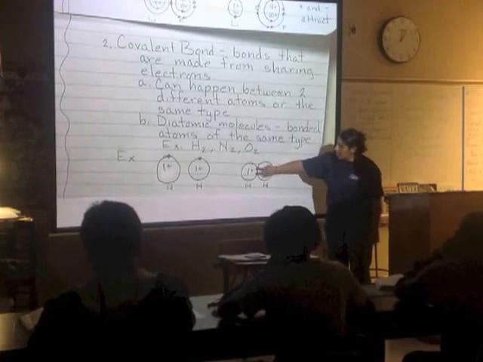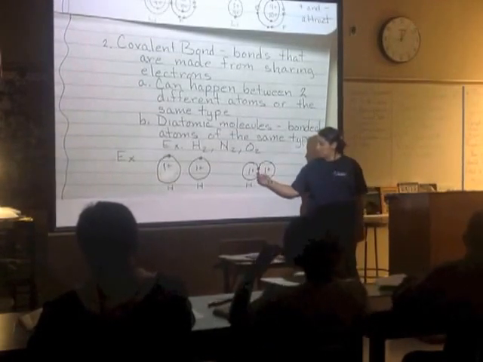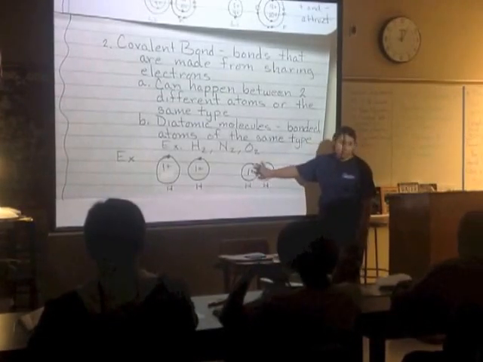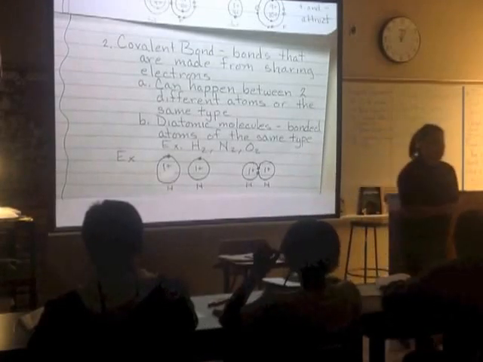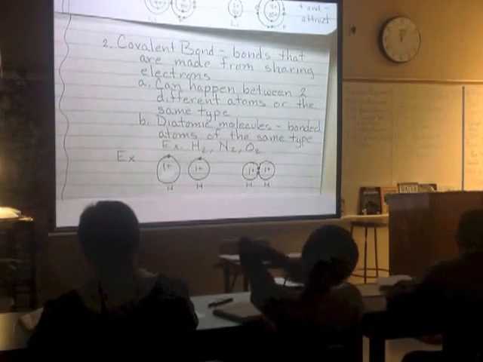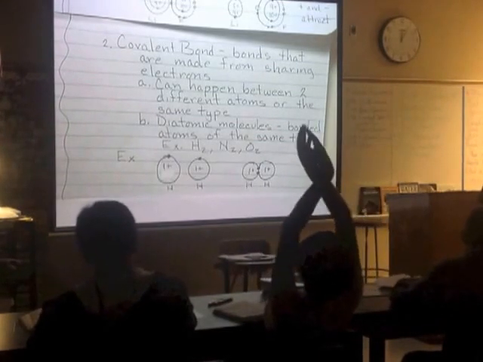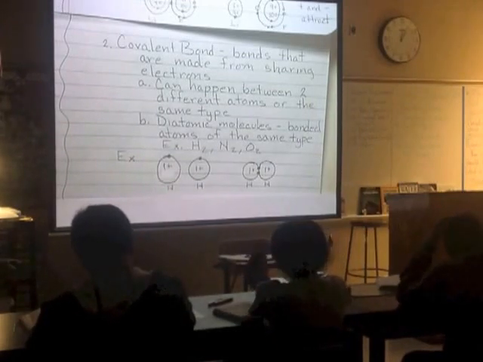And they are attracted because since they have to share them, those electrons are basically just stuck in this area. And because they're stuck in the area, they're stuck together. Okay? So, in covalent bonds, we are sharing electrons. And you're bonding because those electrons are kind of stuck in a specific place.